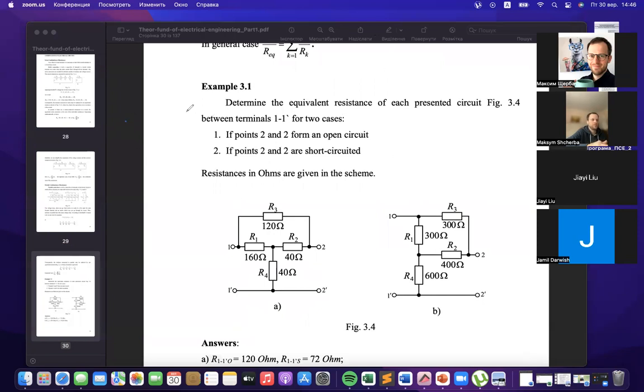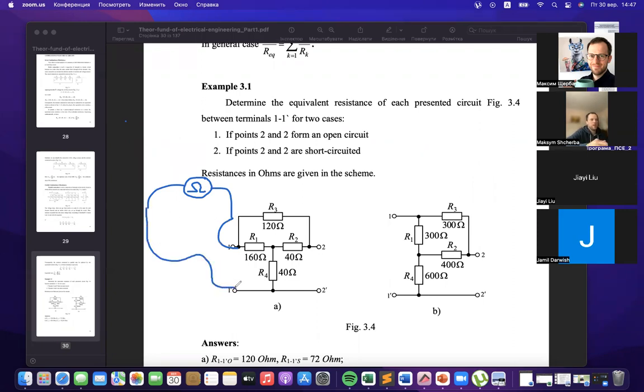For example, we are taking a measurement device that we call an ohmmeter. It gives us the value of resistivity, and we could connect it to any part of the circuit to measure the value of resistivity between points.